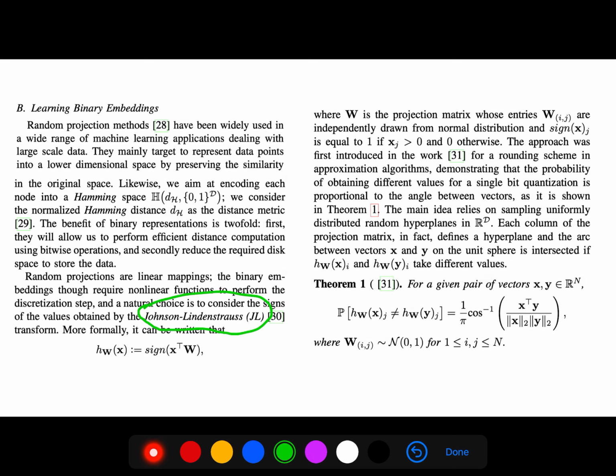You will see this important JL lemma. So it can be written as this linear projection, simply written like this, and W is the projection matrix. And the entries of this matrix W are independently drawn from a normal distribution.